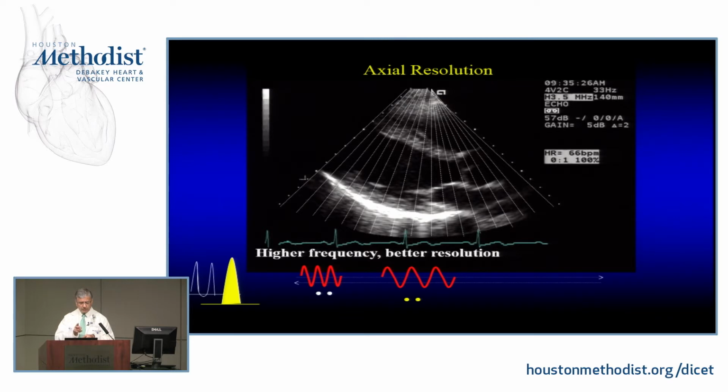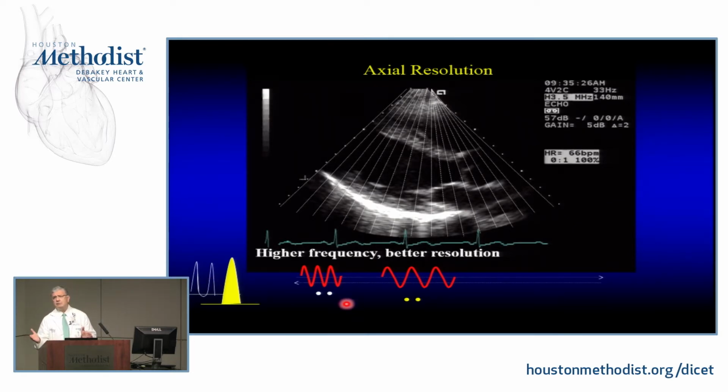You could see the relationship of the wavelength to the dots. If I have a long wavelength, smaller, lower frequency, I'm not going to be able to differentiate them. They're going to look like one dot, which is the yellow signal on your left side. So in this situation, these two are going to look like this. And when I use a higher frequency, I'm going to differentiate them, that they are indeed two.